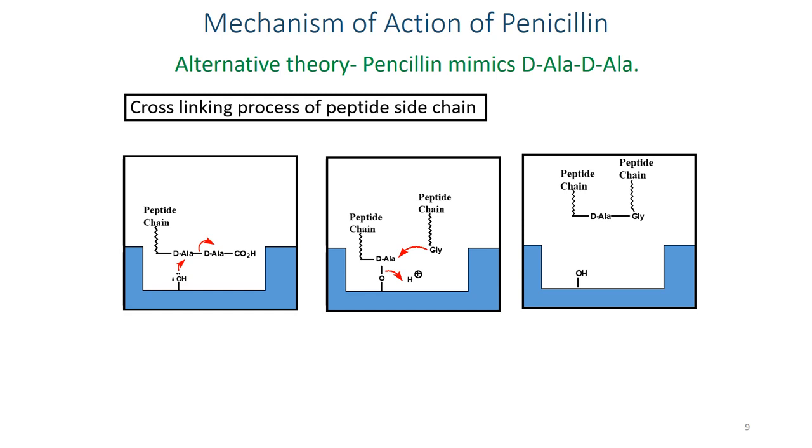Another peptide side chain on neighboring NAM unit at glycine binds to the D-alanine of first peptide side chain and is released from the enzyme, thereby forming a cross-linked product.